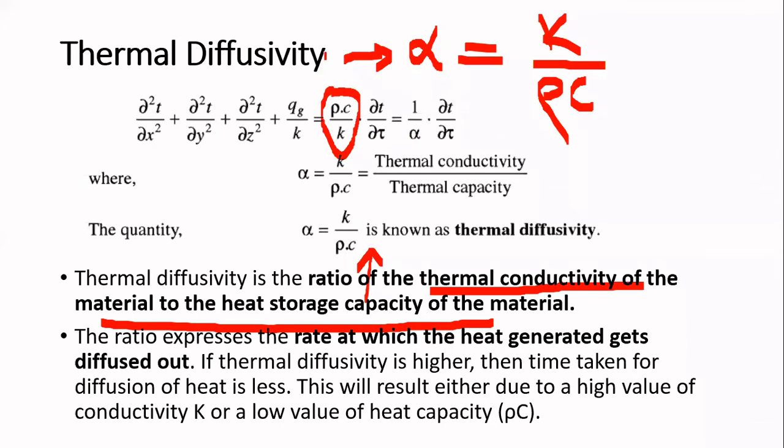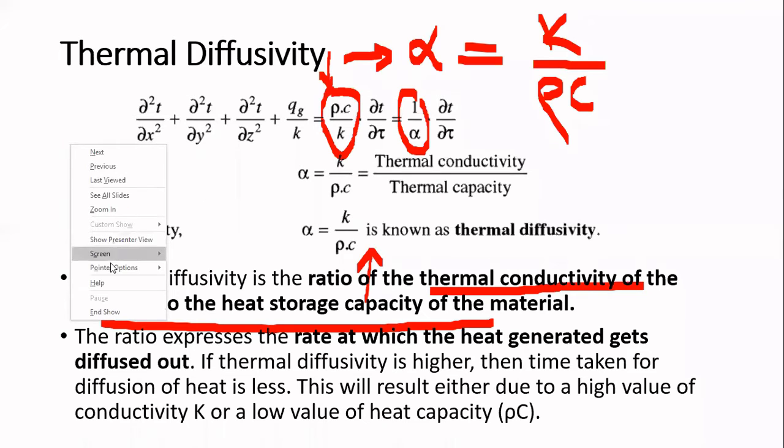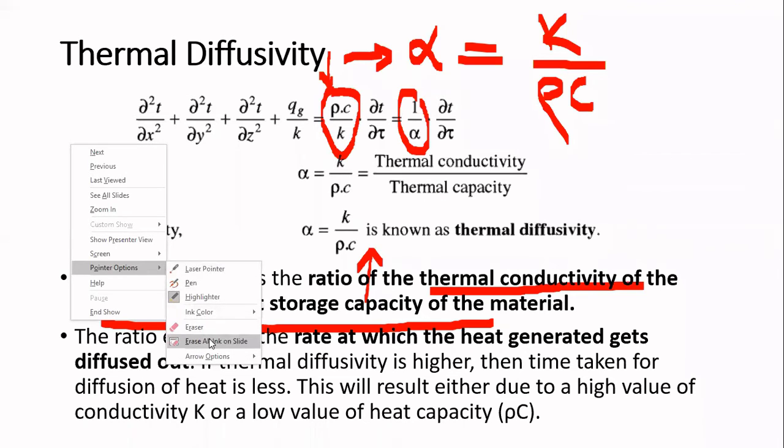So whenever we are getting this term rho c by K, we can substitute that by 1 by alpha, because alpha is equal to K by rho c. So this is just the definition of thermal diffusivity. Later we will see what is the significance of thermal diffusivity. Is the definition clear to all? Any doubt? Yes, sir.